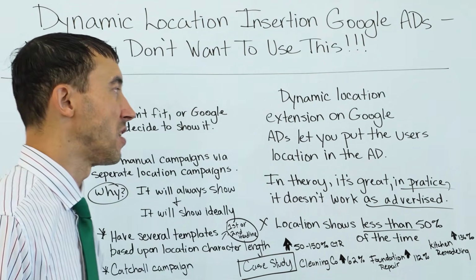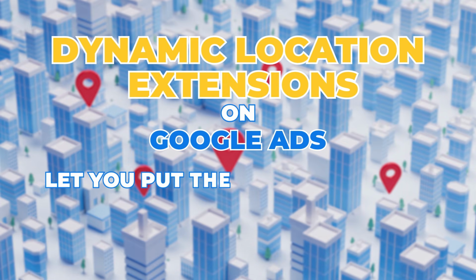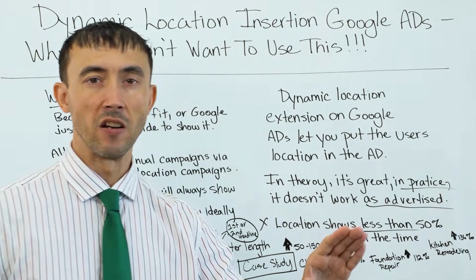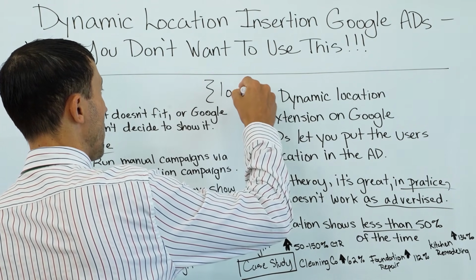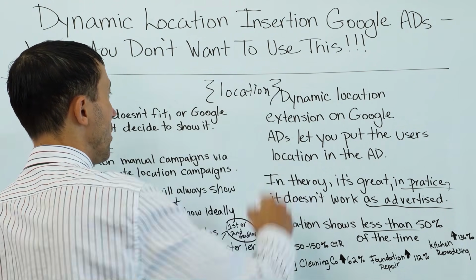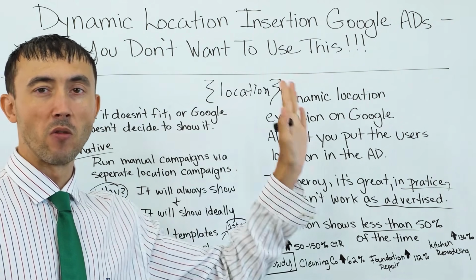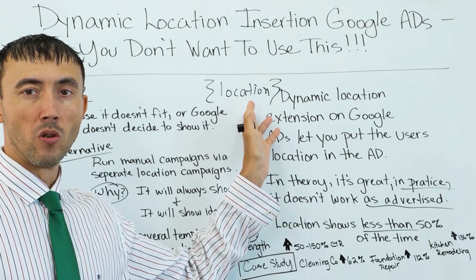So getting into the content, dynamic location extensions on Google Ads let you put the user's location in the ad. Just to clear this up, you literally put a curly bracket location in the ad. Now, I don't know if that's the exact way to do this because I don't use it anymore, but that's close to what it is.